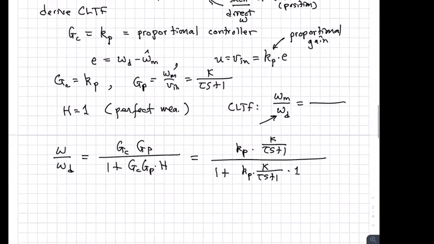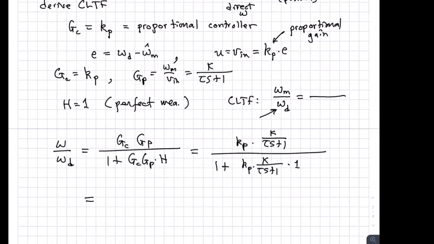When you work all of that through and collect terms, you can show that it's something like Kp times K over 1 plus Kp times K, over the original tau divided by 1 plus Kp times K, times S plus 1.